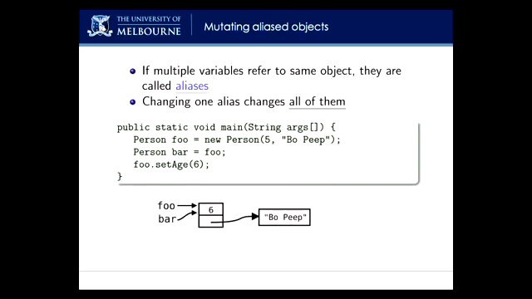What happens if I run this code? This is called an alias. So I created an object of type person called foo. I give the value of 5, sorry, and then the name of Bo Peep. And then I create another person of type person called bar. So now I've got a person called foo and a person called bar, but bar is equal to foo.